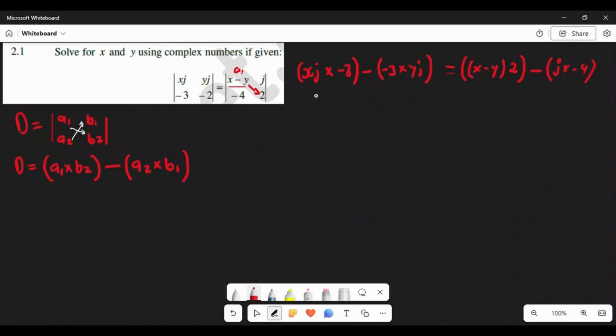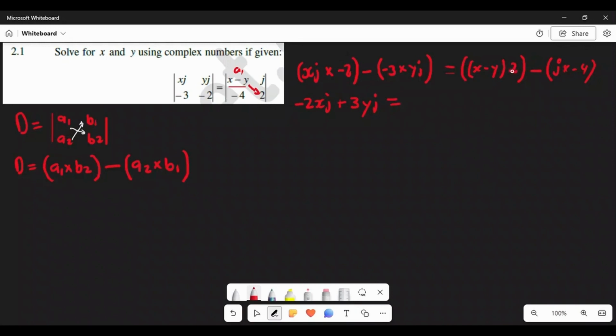Now it's time for us to remove the brackets and simplify this. So we know that xj multiplied by -2 is going to be -2xj, right? And then this one, negative and negative gives us positive. So 3 multiplied by yj is going to be 3yj, equal to. Now let's look at this one here.